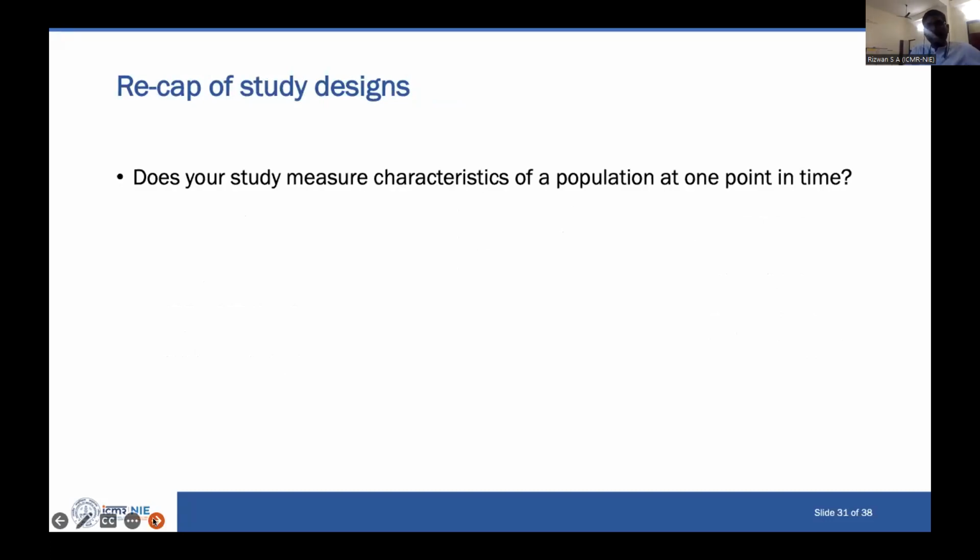So I'm just going to recap the study design, and these are some of the questions you have to ask yourself to select a particular study design. Does your study measure characteristics of a population at one point in time? If so, then you have to use a cross-sectional study.